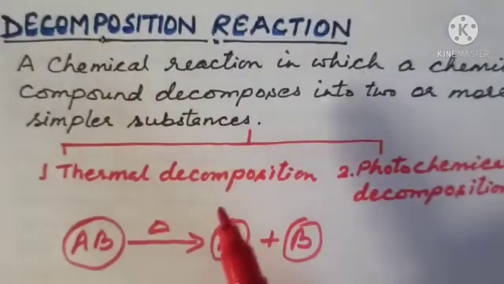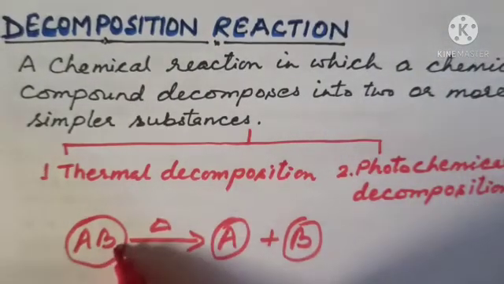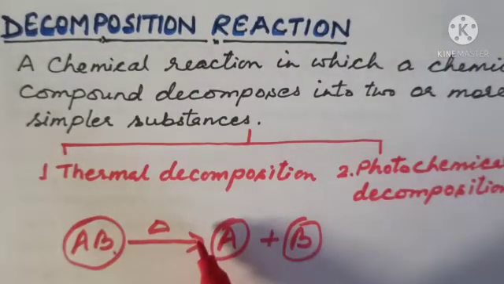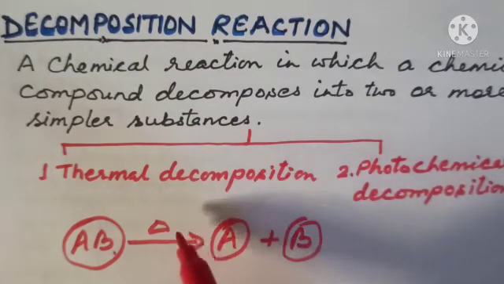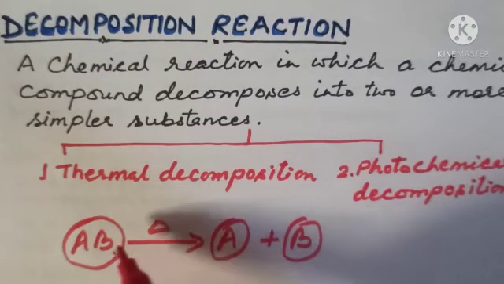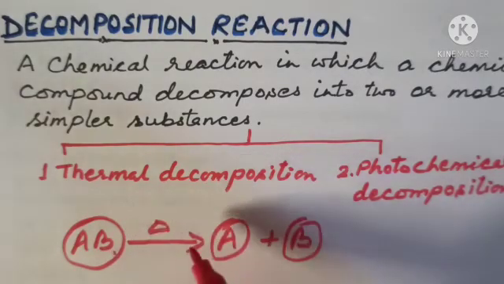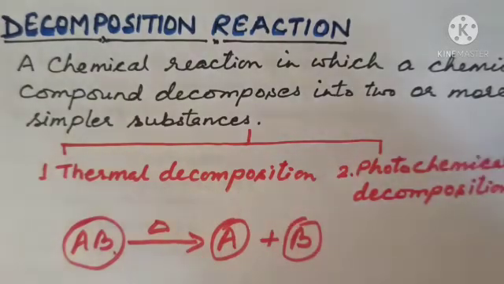So what is a decomposition reaction? A reaction in which a chemical compound decomposes into two or more simpler substances, and it may proceed either by heating the substance or by using light. Understood?